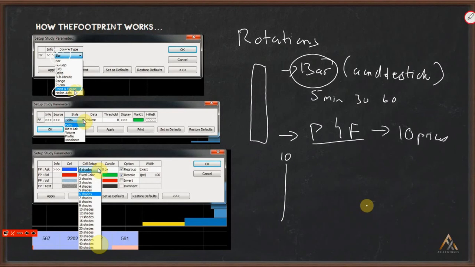What this means is that the footprint will keep utilizing the same rotation until the price reverses at least 10 ticks in the opposite direction. Only once it prints 10 prices in the opposite direction will you begin the next rotation, rotation number 2. And obviously, if prices keep going down in a straight line, we won't get the next rotation until we get 10 prices again in the opposite direction. That's ultimately how we get rotations based on the point and figure.